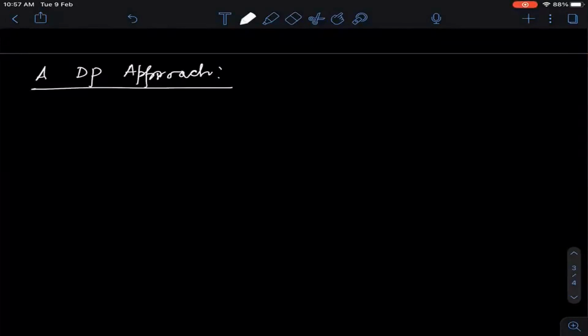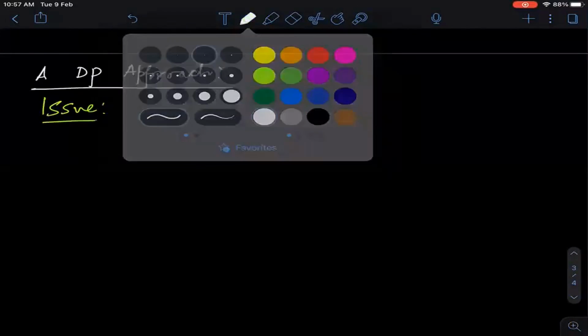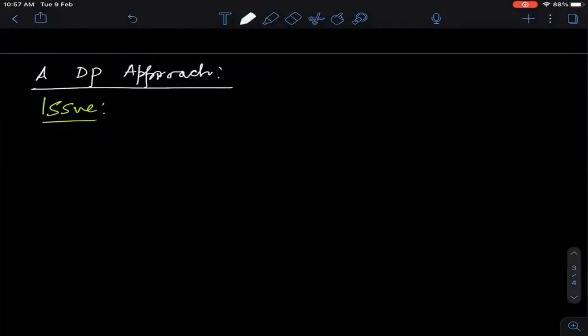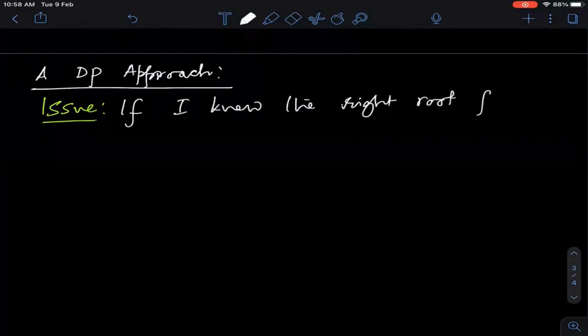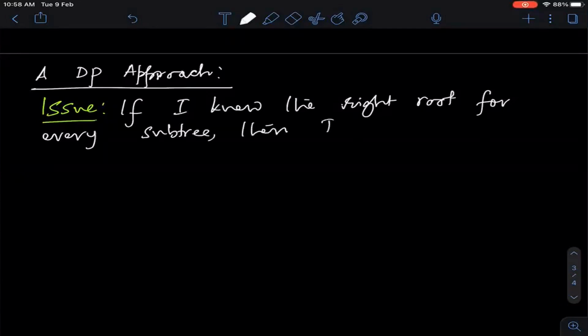Very good. Okay, so what is the main issue? It turns out that the issue is, and it's almost a trivial observation, but it turns out to be the magical observation which will lead us to an algorithm itself. The issue is, if I knew the right root for every subtree, then I would be done.